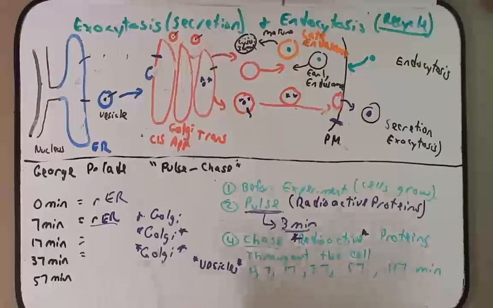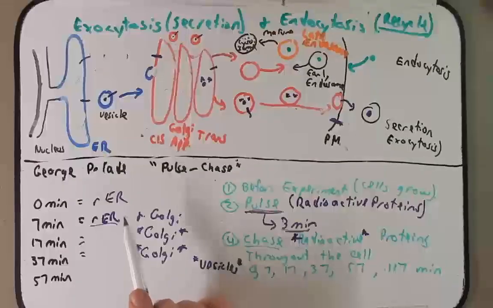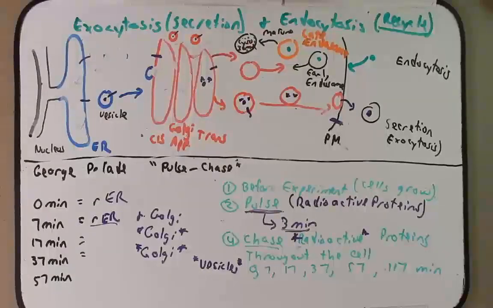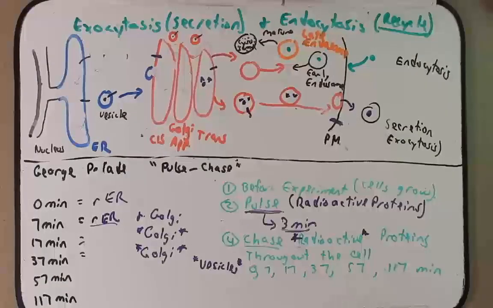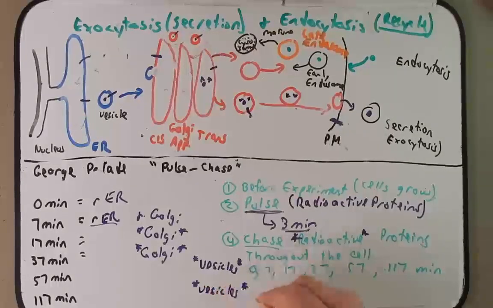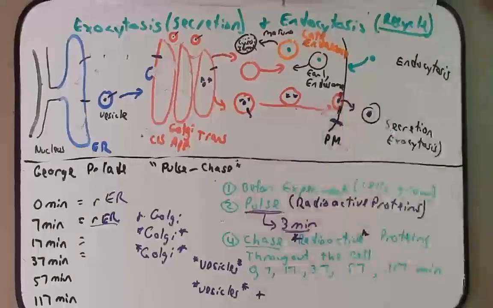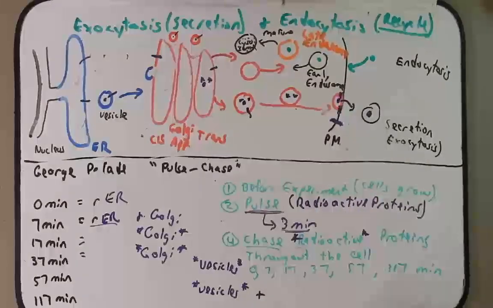At this 57 mark here, you'll still see some Golgi with radioactively labeled proteins in it, but it's getting much less. The predominant is going to be these vesicles. Then at 117 minutes, essentially all of that radioactivity is going to be found in the vesicles. And we're going to start to see some of that radioactivity right here at the membrane, because it's getting ready to fuse with this plasma membrane and to be released.